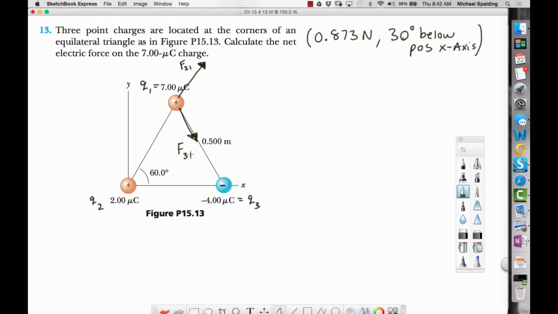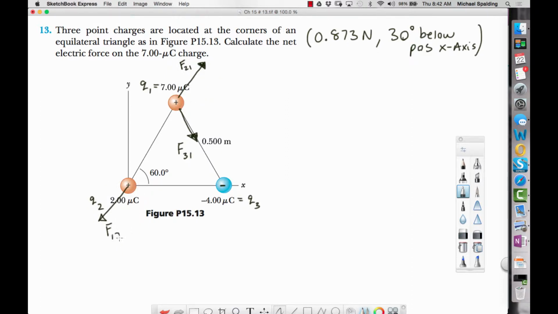Now just be aware, the other 2 charges here are also experiencing forces. For example, what's charge 1 doing to charge 2? Repelling. So if we were focusing on that guy, this would be F12, and this force is equal and opposite to this force. All these forces are equal and opposite to each other. Let's just look at one more.